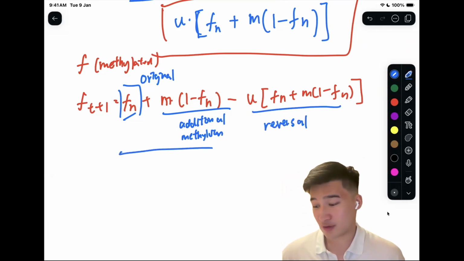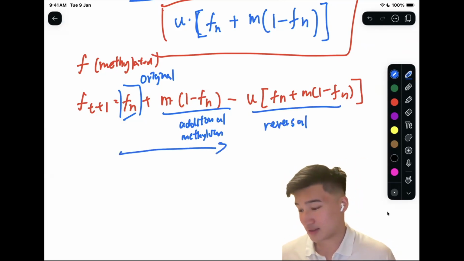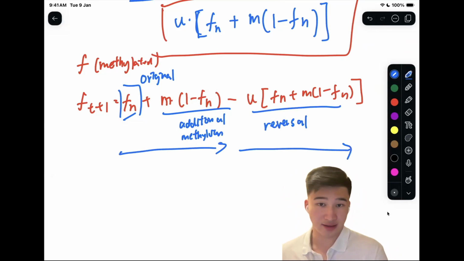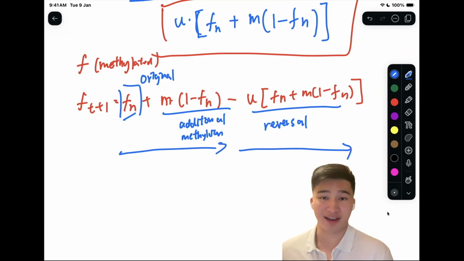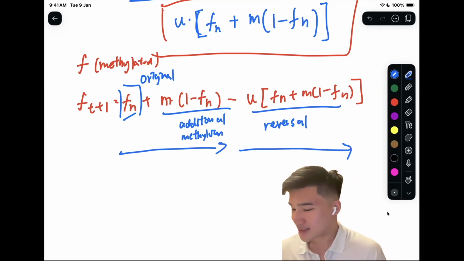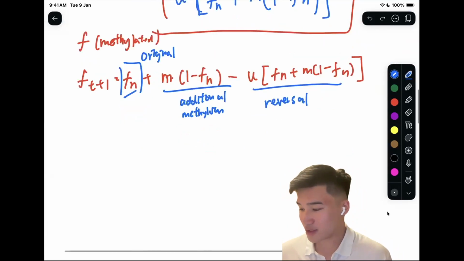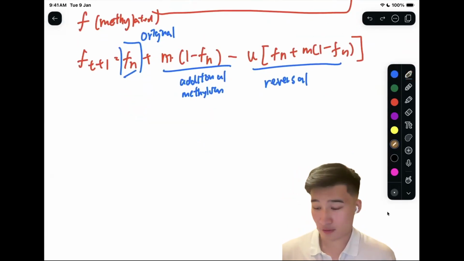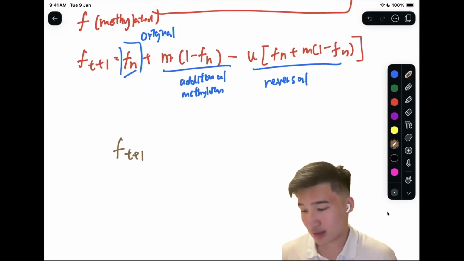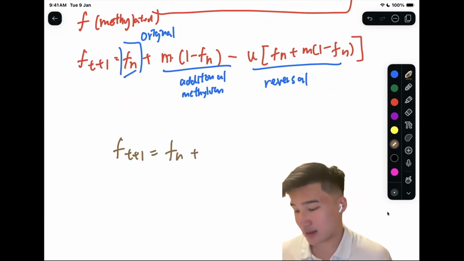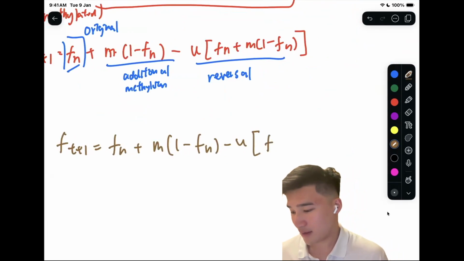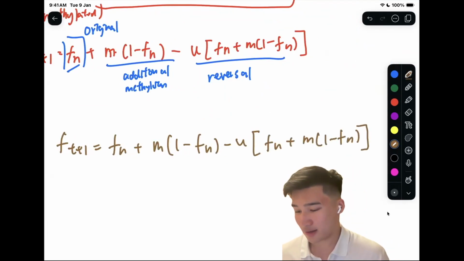We're doing a lot of good work, but eventually somebody has to come and take that away, or jeopardize it. So therefore, we have this equation here, and I'm just writing it again for clarity: Ft plus 1 equals Fn plus M times 1 minus Fn, minus u times the bracket Fn plus M times 1 minus Fn, and then close bracket.